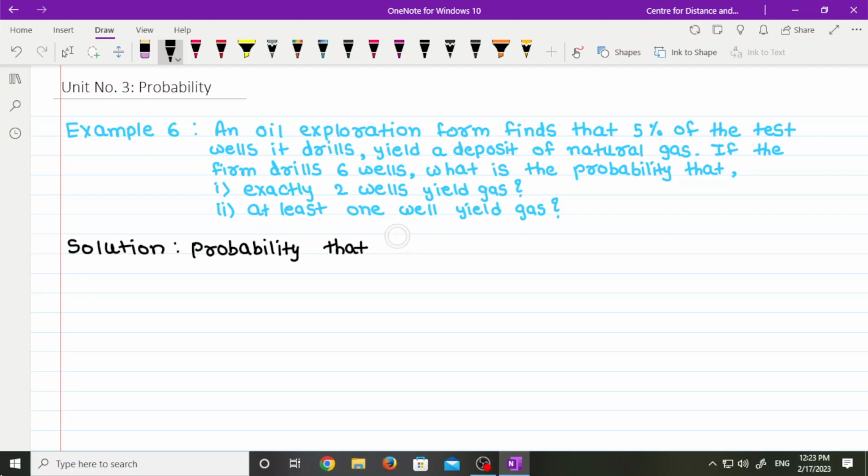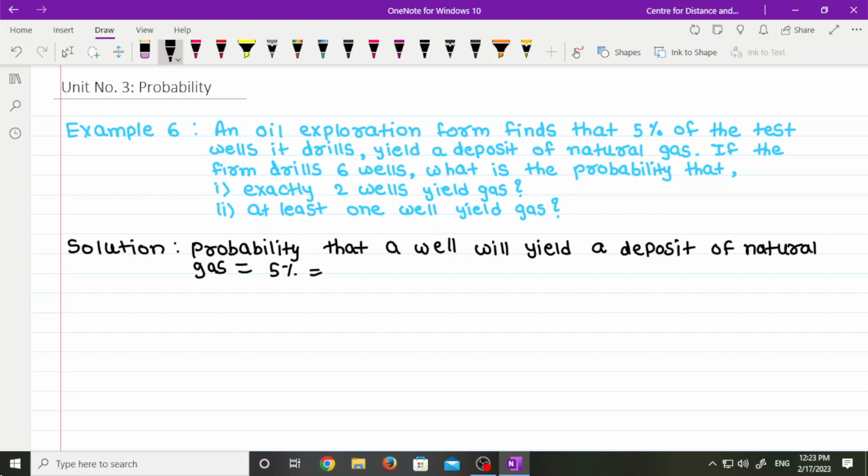First we find out the value of m. For this, the probability that a well will yield a deposit of natural gas is, here we have been given 5%. 5% means 5 divided by 100, which is equal to 0.05.